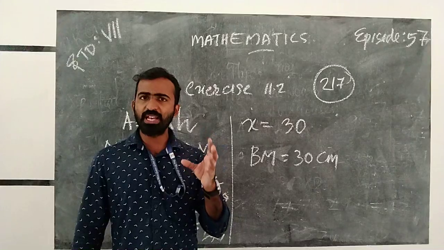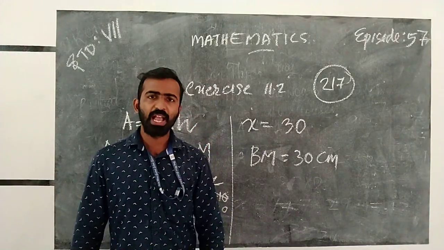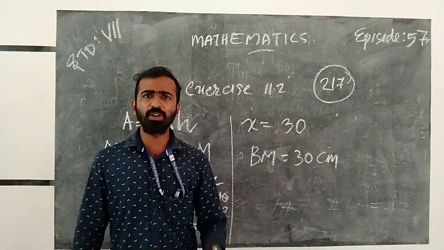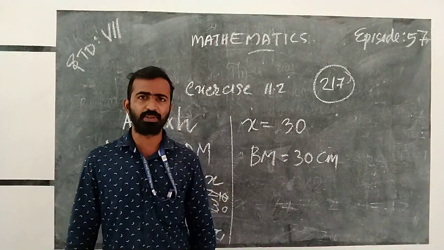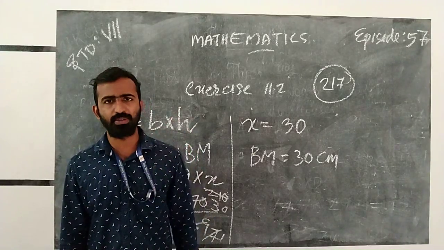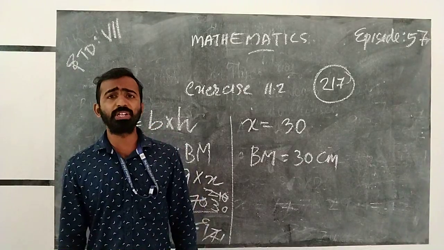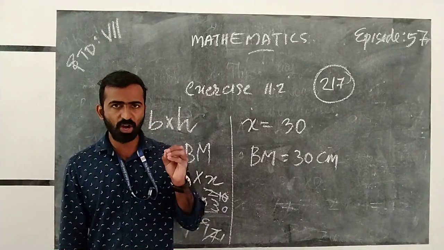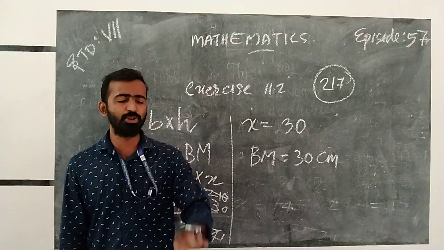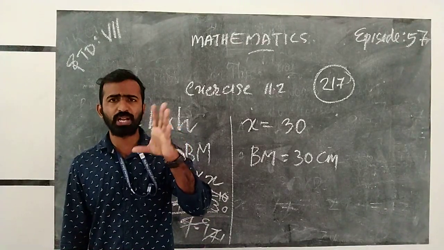Which way do we find the area of the triangle? Half into BH. Area of the square equal to A into A, or side into side. Perimeter of the square equal to 4 into side. Area of rectangle equal to L into B, and area of square is side into side.